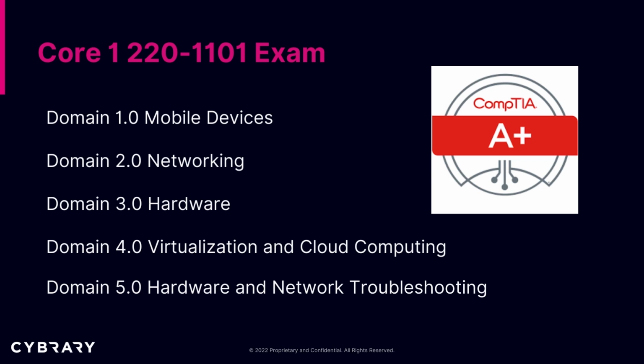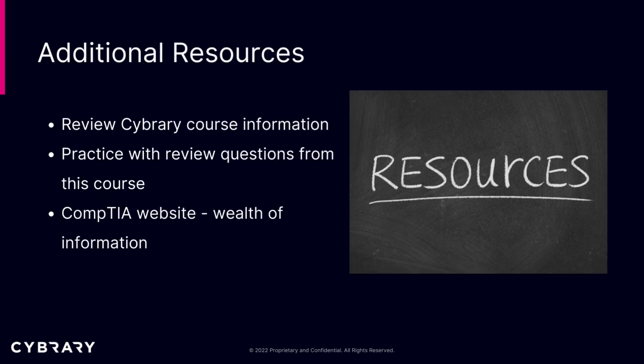And preparing for the exam for Core 1, there's some additional resources out there that you should take advantage of. The first resource would be this library course information. Review this course, brush up on areas that you feel like you may need to be brushing up on before your exam.